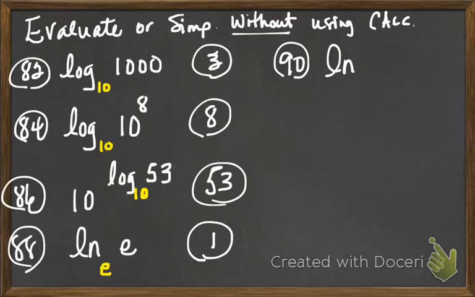Number 90, ln e to the 7th. Again, the understood base is e, so you're saying e to what power is e to the 7th? The bases are the same, they cancel out, and you get 7.